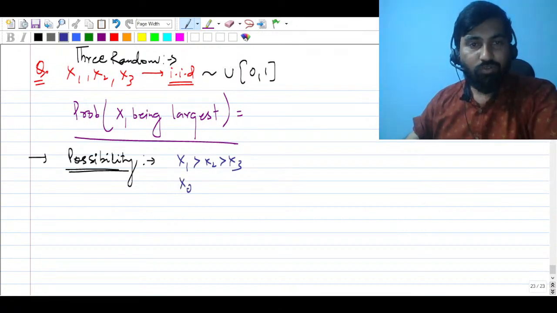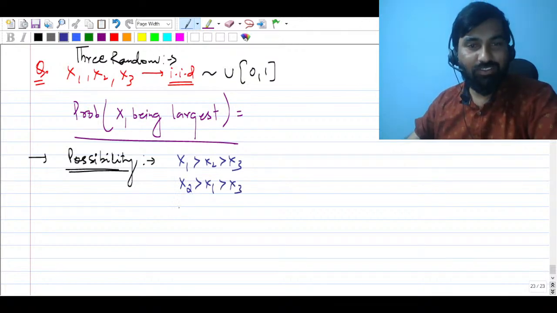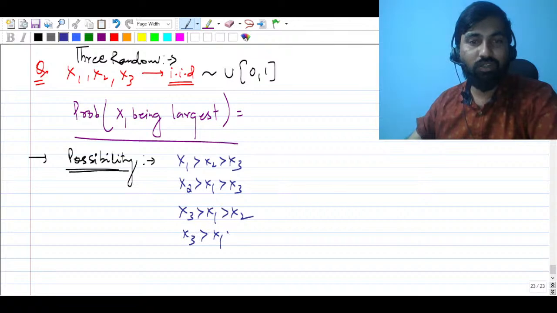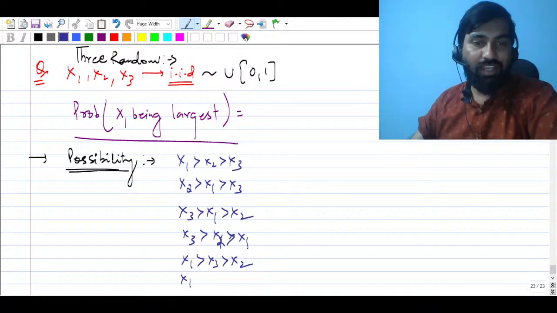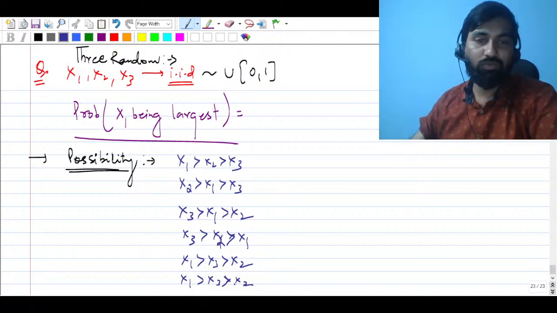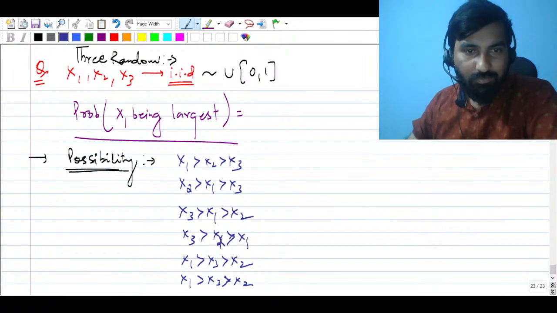Then x2 is greater than x1 is greater than x3. You can say that x3 is greater than x1 is greater than x2. You can say x3 is greater than x2 greater than x1. You can say that x1 is greater than x3 is greater than x2.